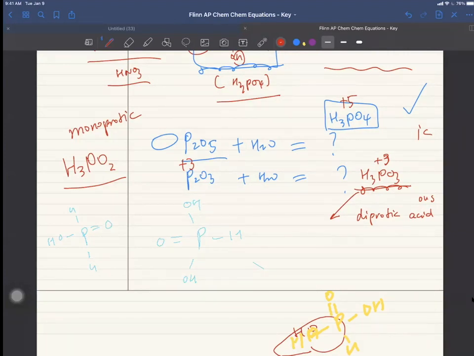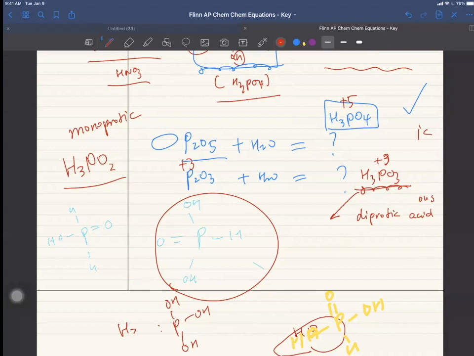Oh, that means it's a triprotic acid, right? Why is it not a triprotic? Oh, you are asking, the question is like this. Your question is about why this one is more stable or more correct than this structure, right? Am I right?